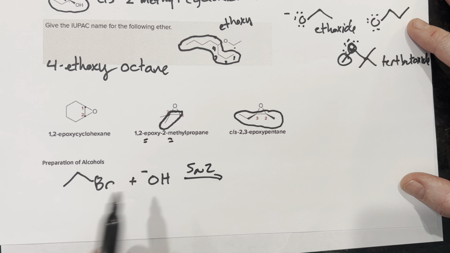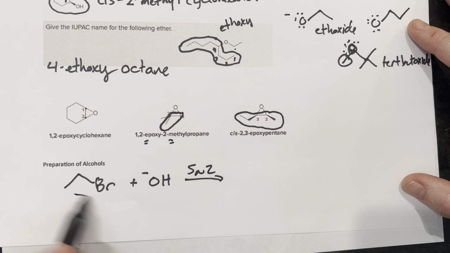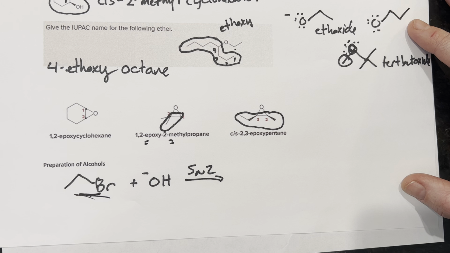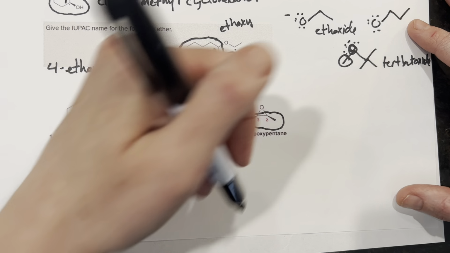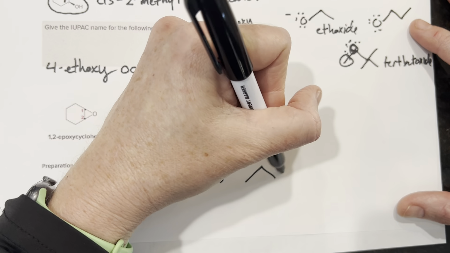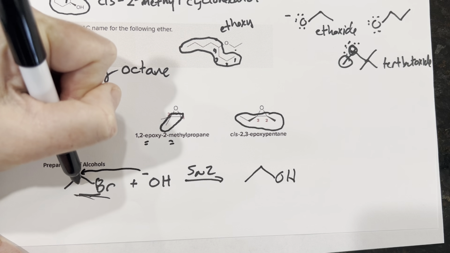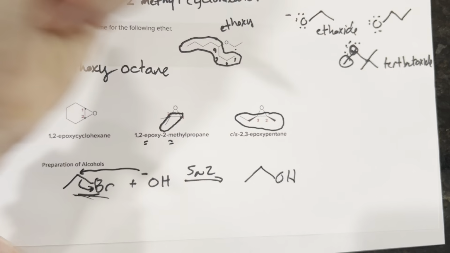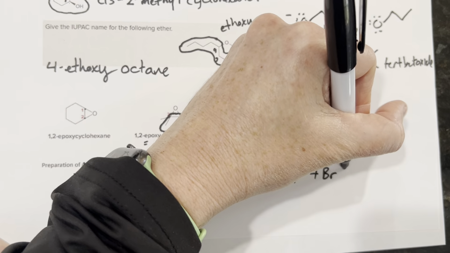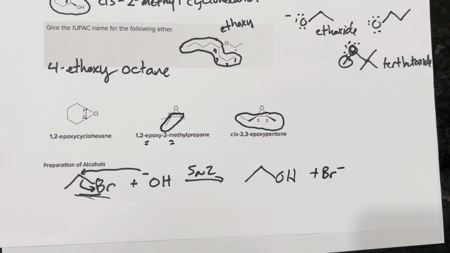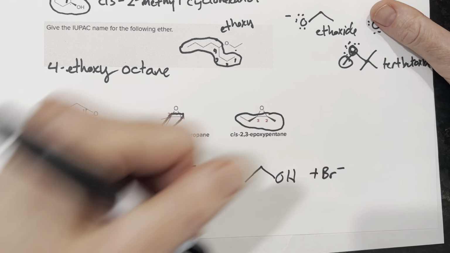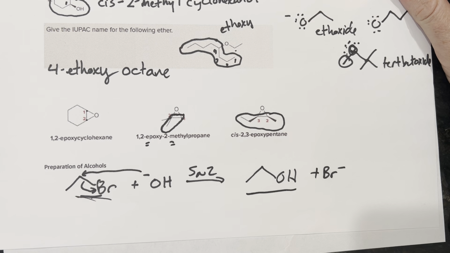So we got a strong nucleophile, a good leaving group, a primary carbon here, and you'd end up with that. Right? And an SN2 reaction, just to remind you, would have attacked that carbon, this bromide would have left, and we would have been left with Br negative as well. But the main point is we prepared an alcohol. We just made one. Yay!